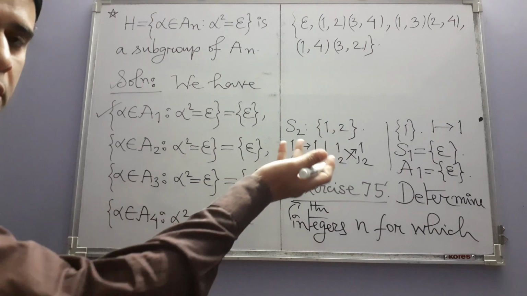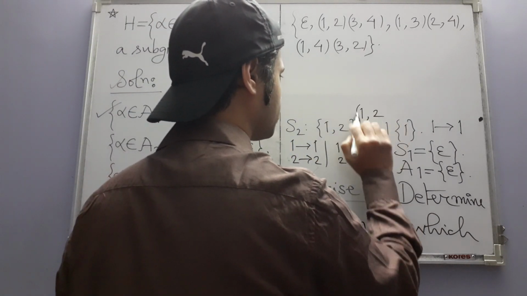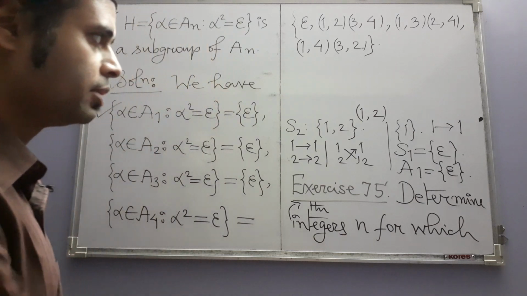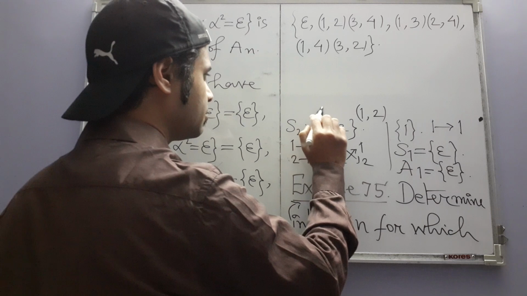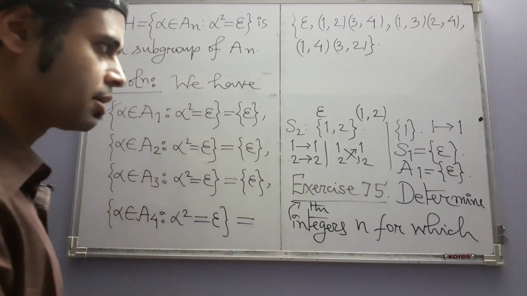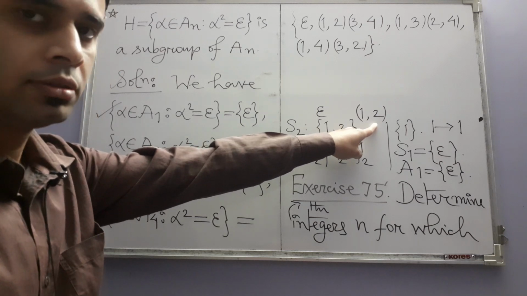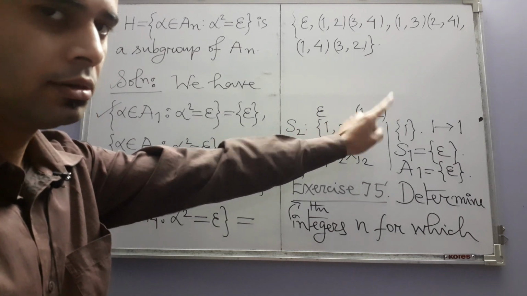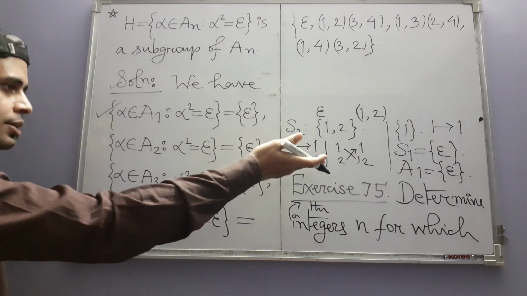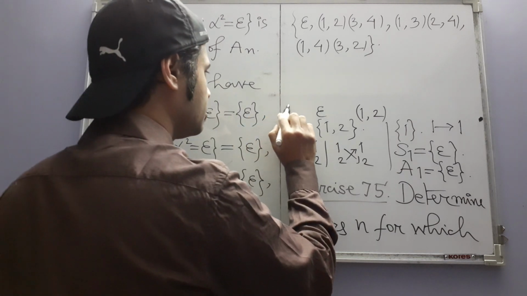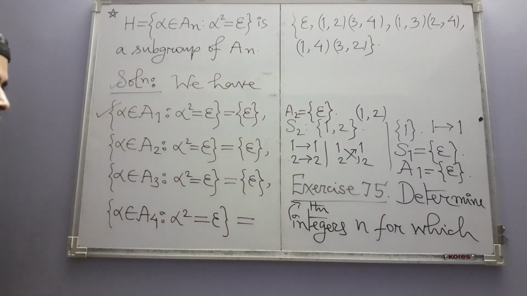This is the 2-cycle (1 2). It sends 1 to 2 and 2 to 1. And this one is your identity, epsilon. Among these two, this is odd by definition because it's a single 2-cycle. But this is even. So just like A_1, A_2 also is simply this.